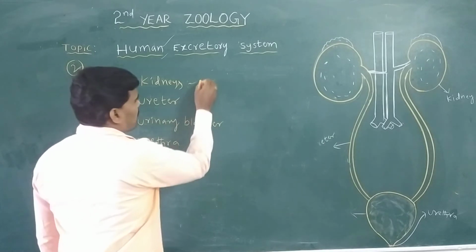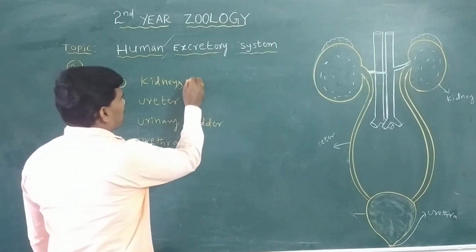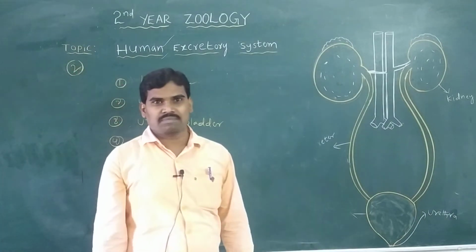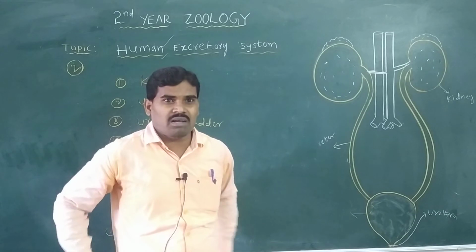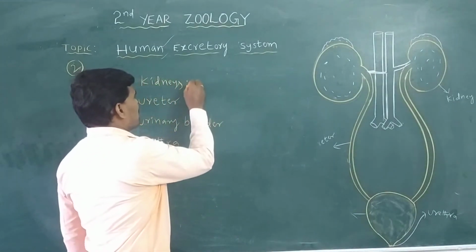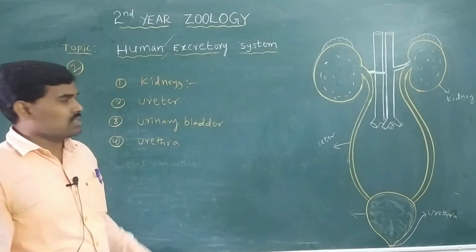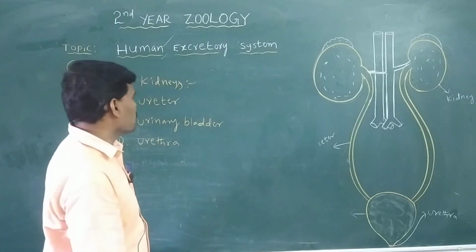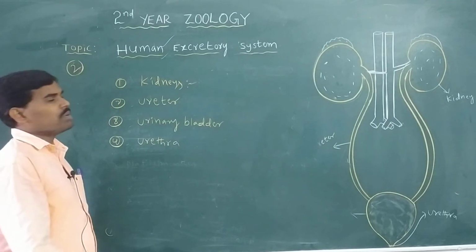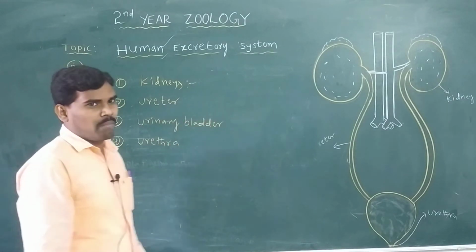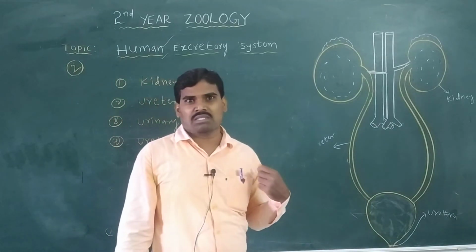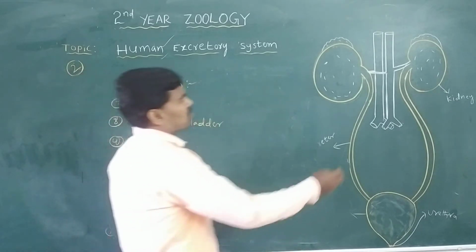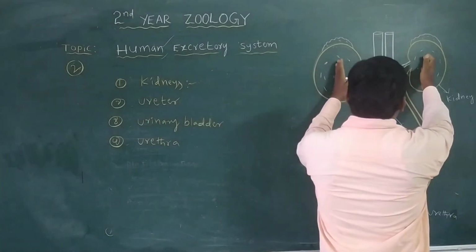One pair of kidneys, each one on either side of the vertebral column, with the peritoneum layers attached, in the lumbar vertebral region.